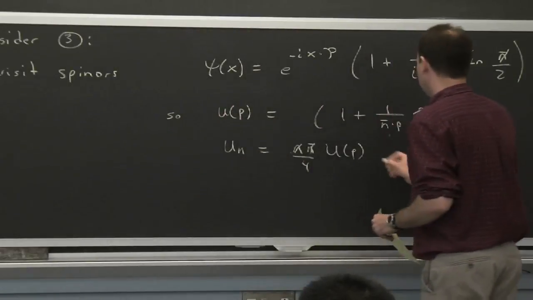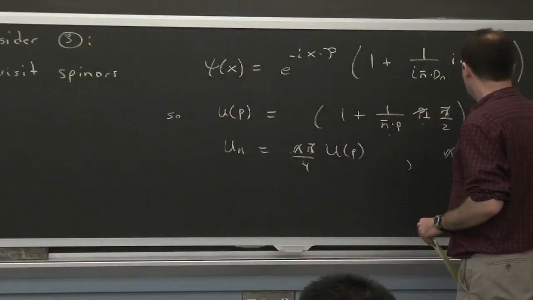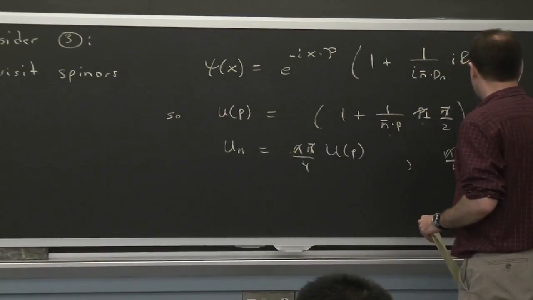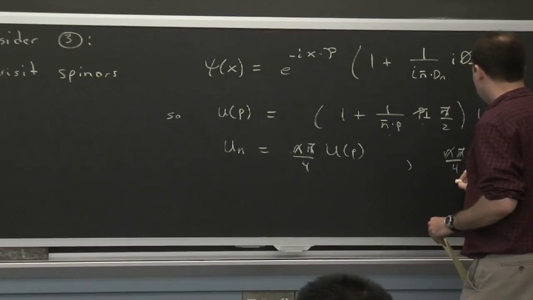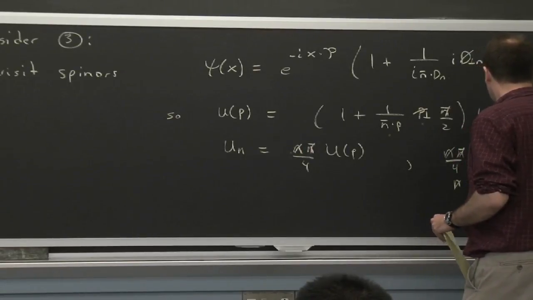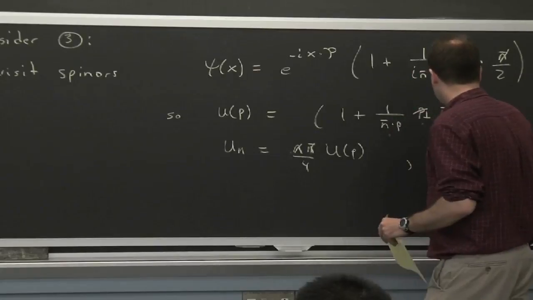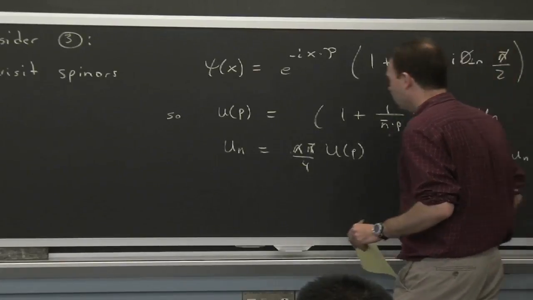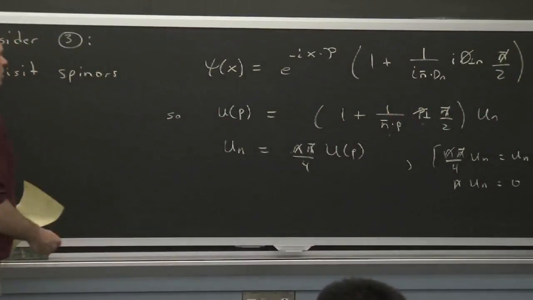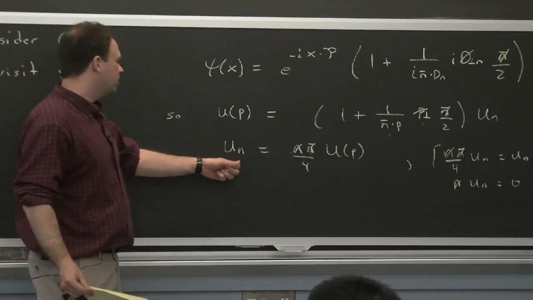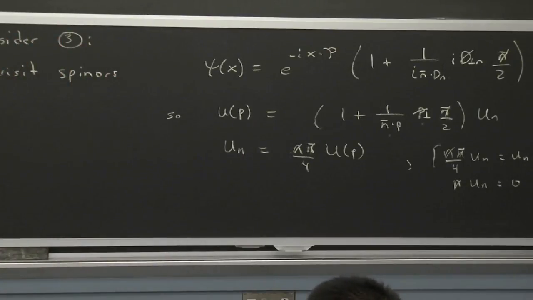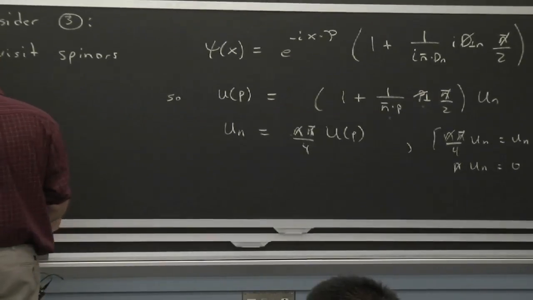And then once you have this formula, you have the formulas that we kind of wanted for that. Okay, but this spinor here, this un, is not exactly the same as the spinor that we talked about earlier. So let me come to that in a minute.